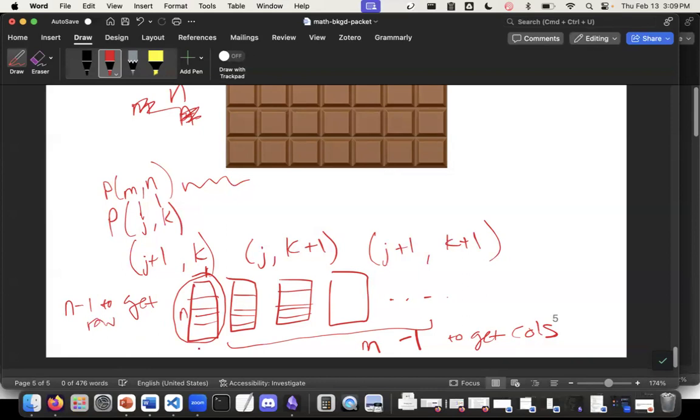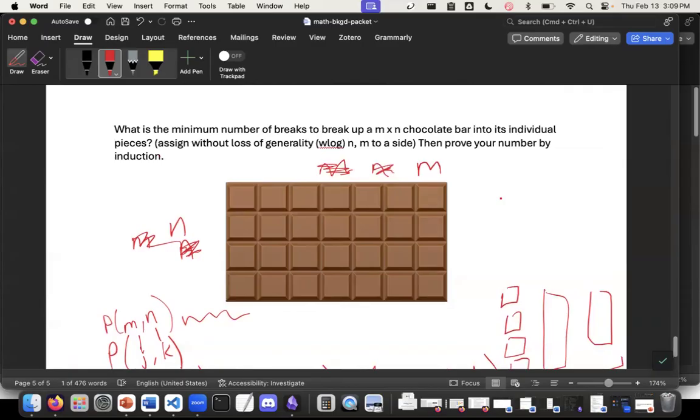So now I've got all these individual pieces of chocolate. I have to handle the rest of them. How many total? 7, which is 1, 2, 3, 4, 5, 6, 7.